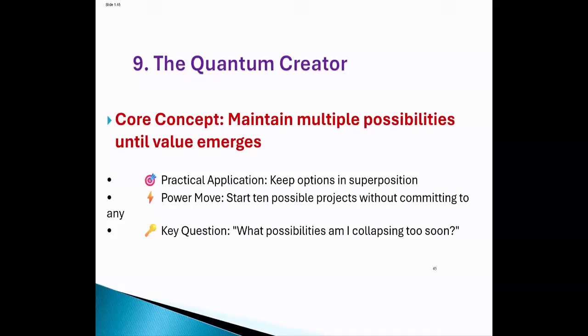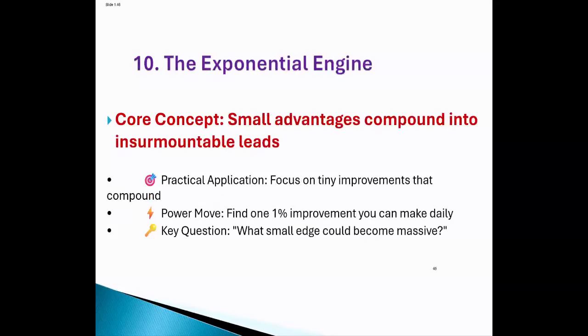So keep all your options open and then collapsing them when actual value emerges. So that means enormous optionality and leverage. You can work like a quantum computer. And you are ready for all the parallel scenarios.